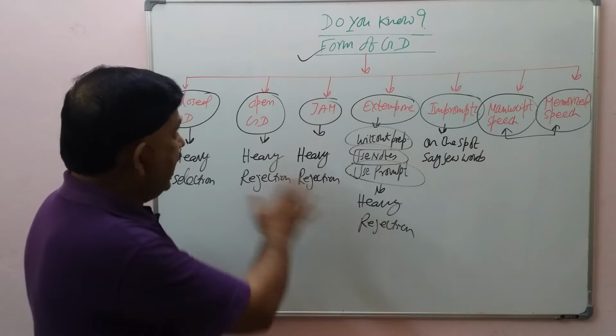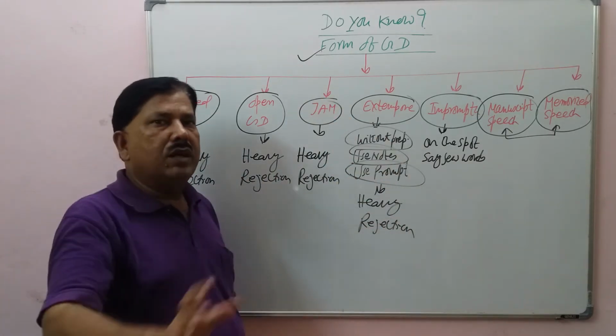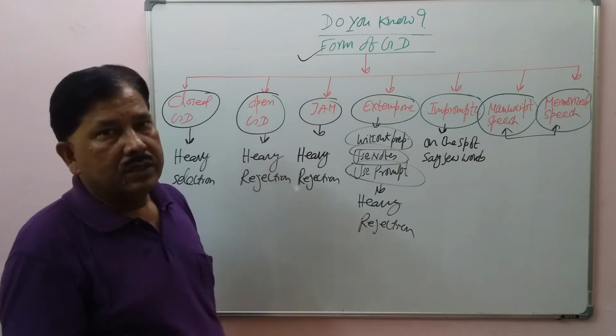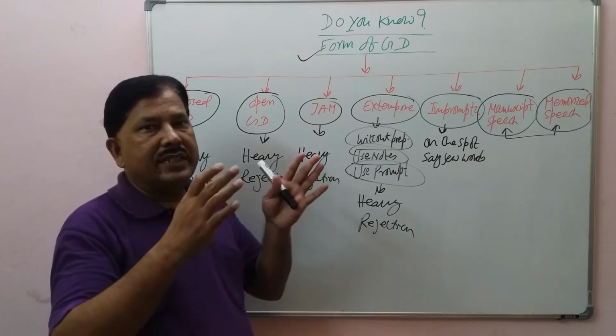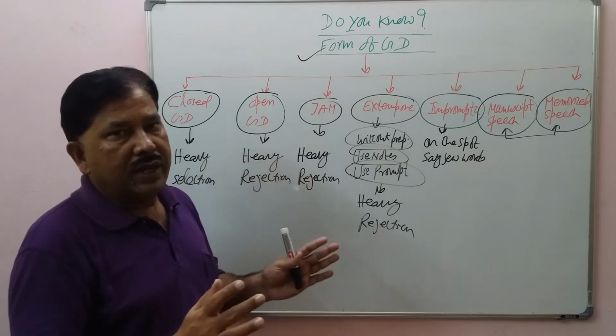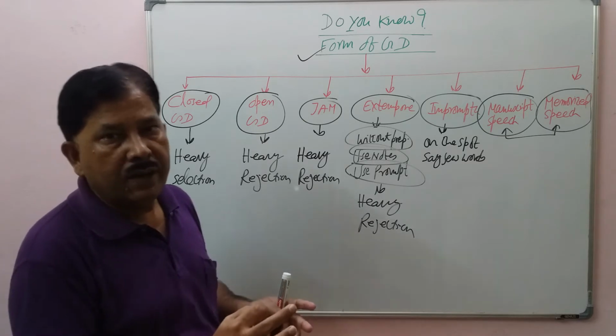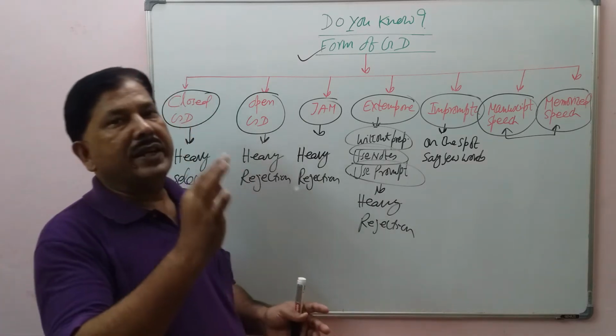Okay. And as I told you, GD means group discussion, and it's all about communication. They would like to check your communication skills, your complete six parts of communication: effective reading, effective writing, effective speaking, effective listening, effective presentation, and effective interpretation.